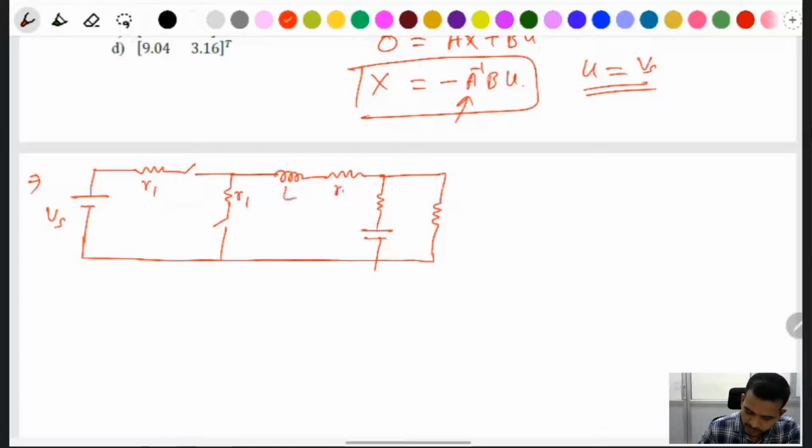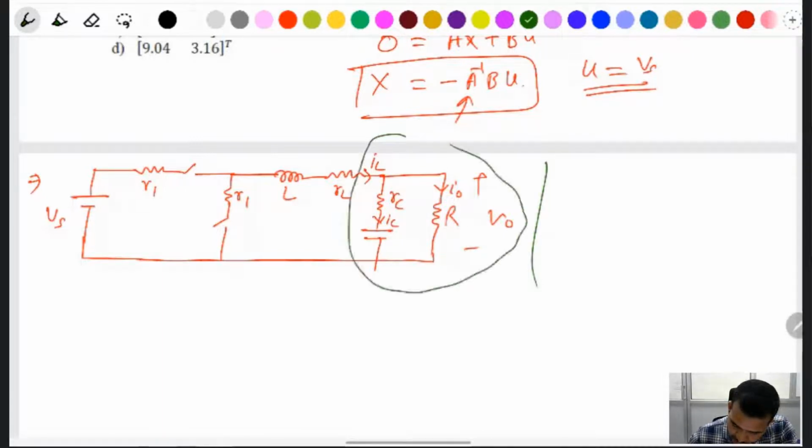R1 is also given in the question. This one is L, RL, RC, R, and this one is the V naught value. This one is IL, IC, and I naught.